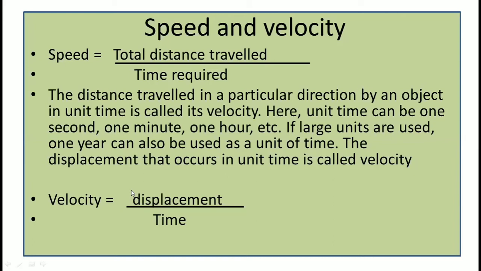Speed is related to distance, while velocity is related to displacement. If the motion is along a straight line, the values of speed and velocity are the same. Otherwise, they can be different. Velocity is the displacement that occurs in a unit time.